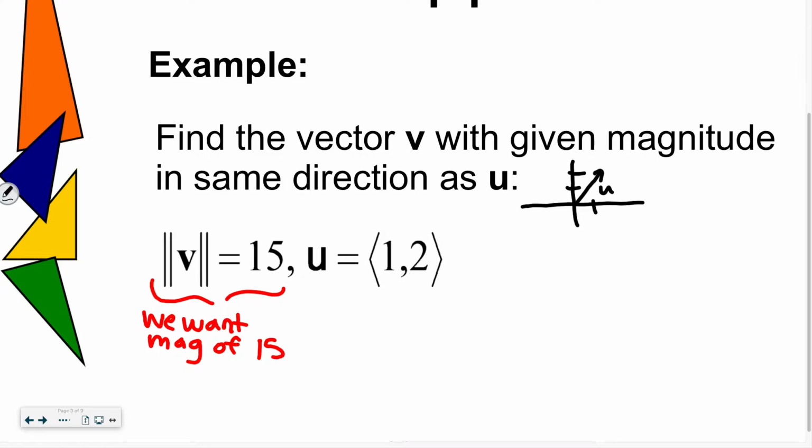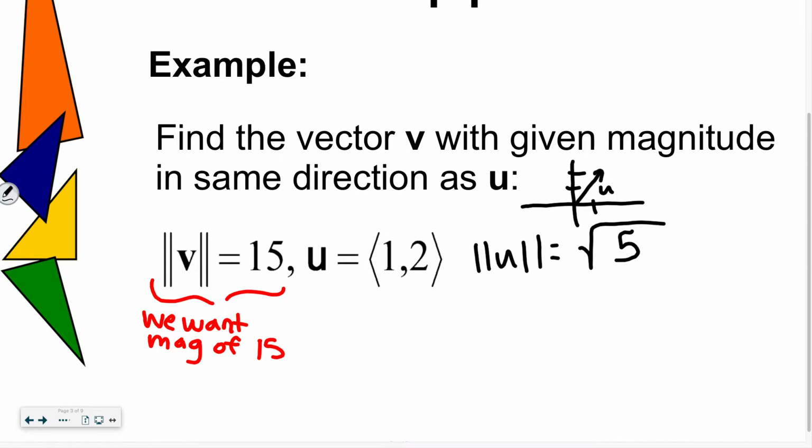Do you think u currently has a magnitude of 15? No, it's way too small. What is the magnitude of u? The square root of 5. 1 squared plus 2 squared would be 5. As we're practicing our homework, we're going to get faster at things like magnitude.